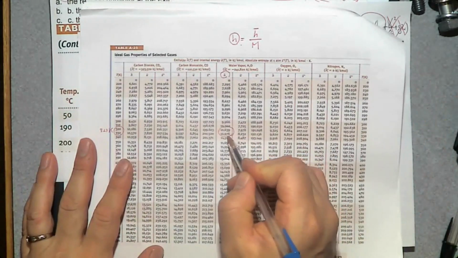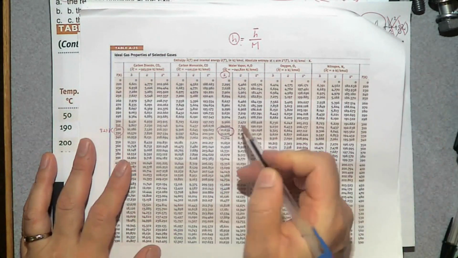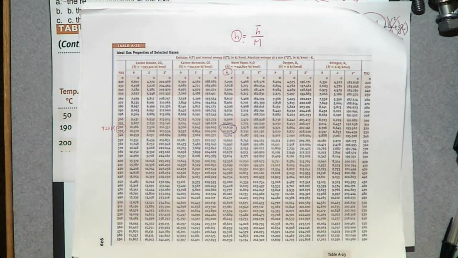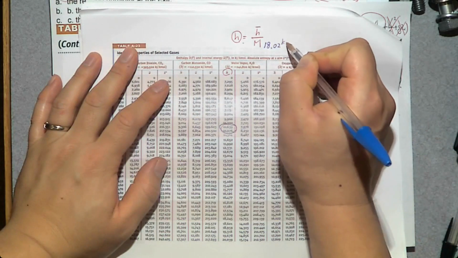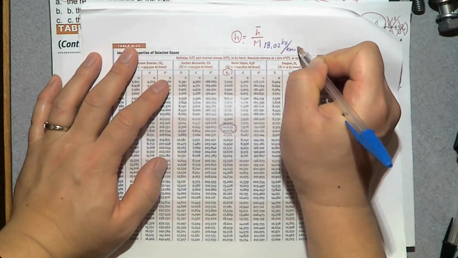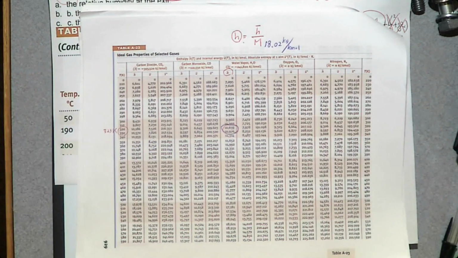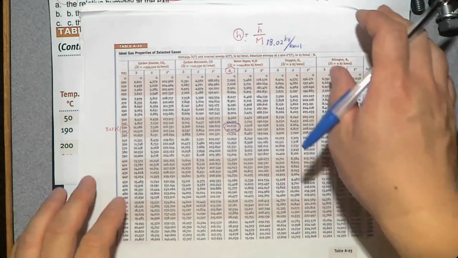So from here, you can find the H bar value at 323 Kelvin and then divide by the molecular weight of water, which is 18.02 kilogram per kilomole. Let me show you. It's going to be 10,000, about 700 something. Let me find it for you. 10,740.